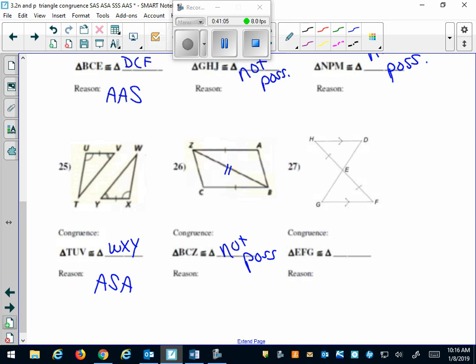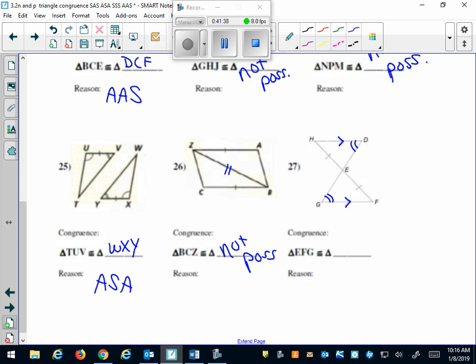Here we've got all sorts of things we can mark. What does this little arrow and this little arrow mean? Parallel lines, which means we can mark alternate interior angles congruent. This, by the way, I sometimes call the hourglass, or if it's turned the other way, the bow tie. Remember, we've talked about this before. It's a very common diagram, and sometimes the lines are parallel, sometimes they're not, but you've got to look for that possibility.